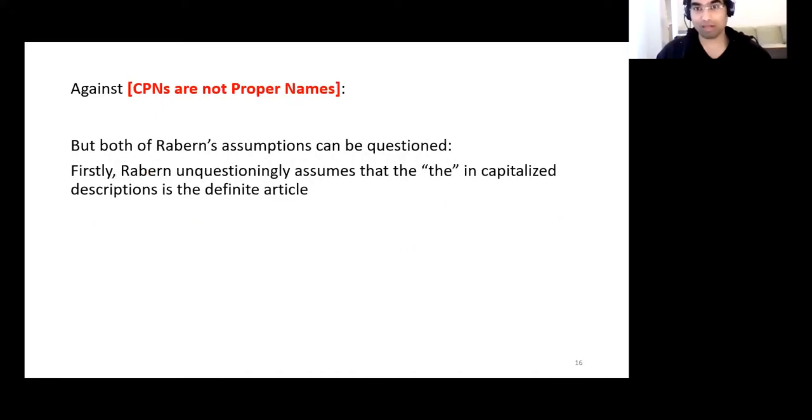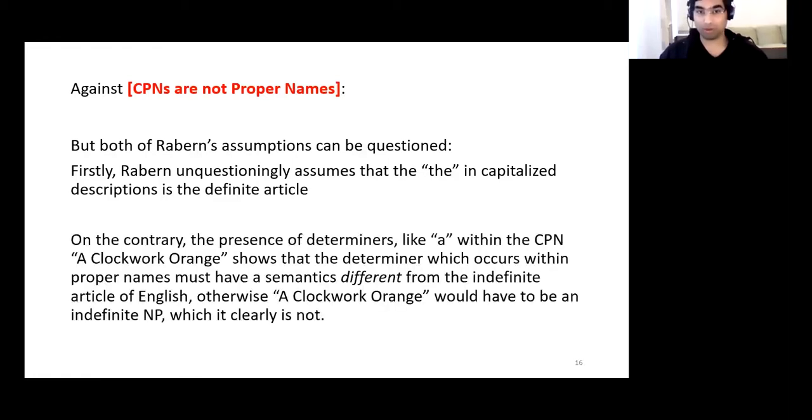But both of Rayburn's assumptions can be questioned, and I will be questioning them. First, Rayburn unquestioningly assumes that the in capitalized descriptions is the definite article. However, we have good reasons to believe that the determiners which appear within complex names do not have their usual semantic profile when they appear within proper names. One example is A Clockwork Orange.